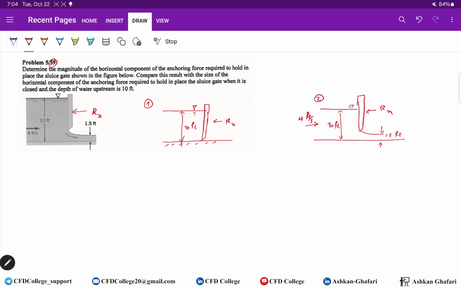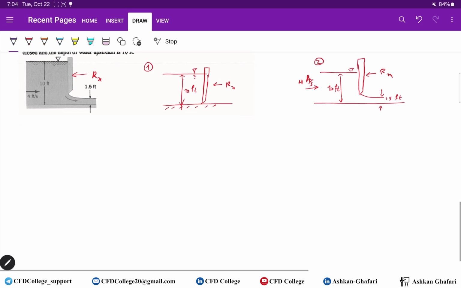Okay, let's start with the first situation. Here we don't have any flow. So if you want to define the control volume, it should be like this. Follow the free surface, the wall, and here, and go up. Here we don't have an inflow. Okay, that's not a problem.